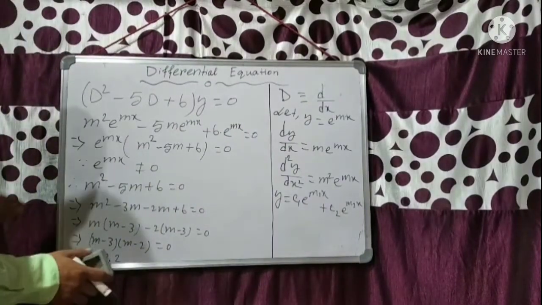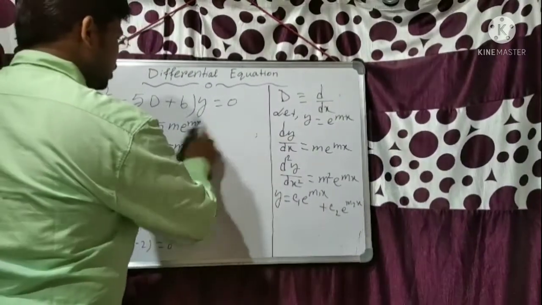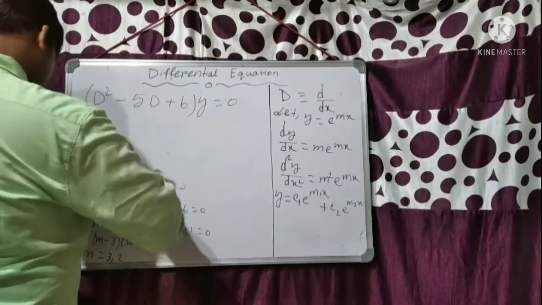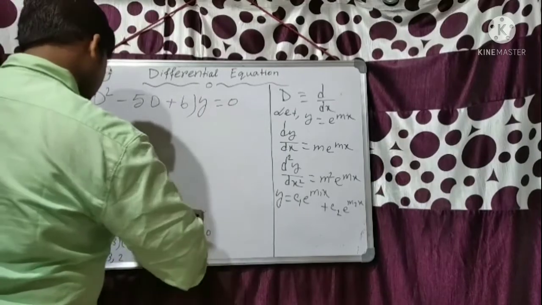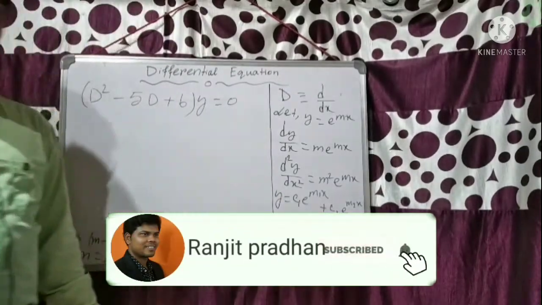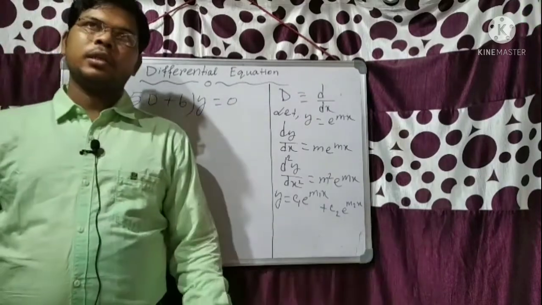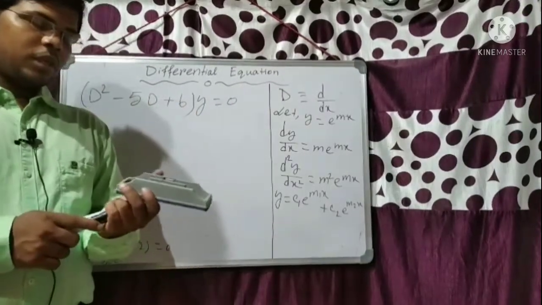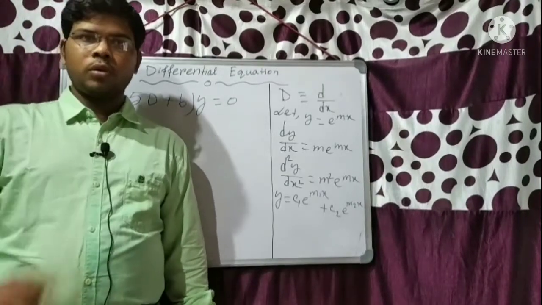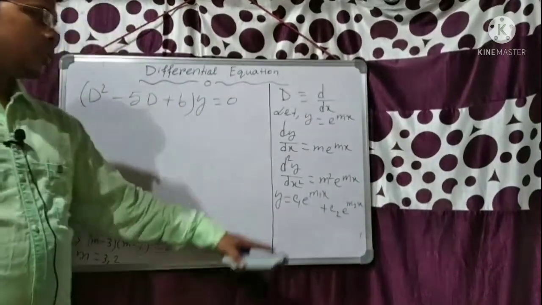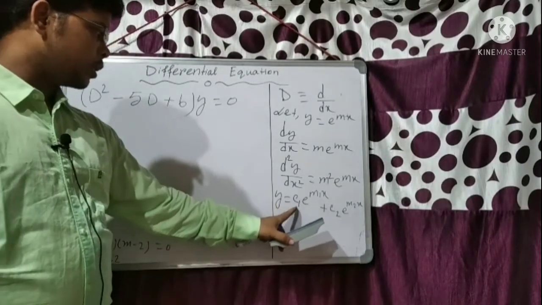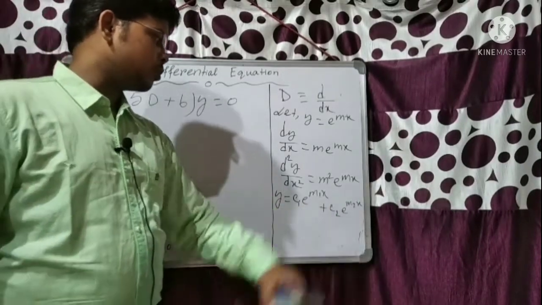Then what will be the general solution of this differential equation? Here the values of m are 3 and 2, so these values are real and distinct. Since we got two real and distinct values of m, the general solution will be y equal to c1 e to the power m1x plus c2 e to the power m2x.